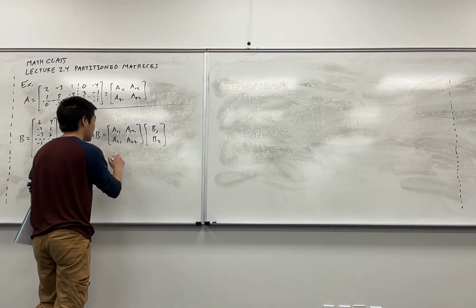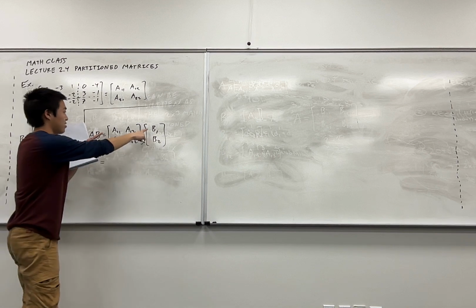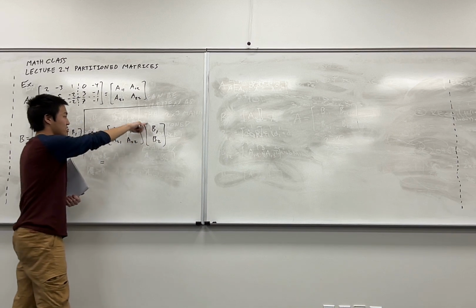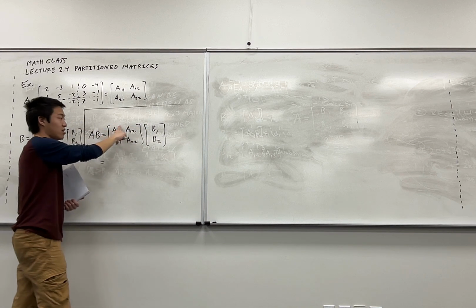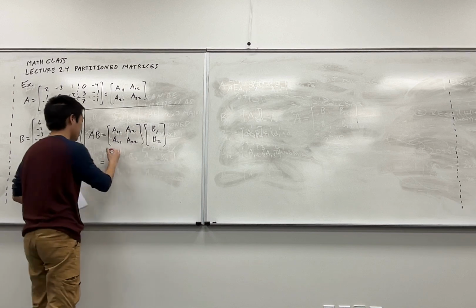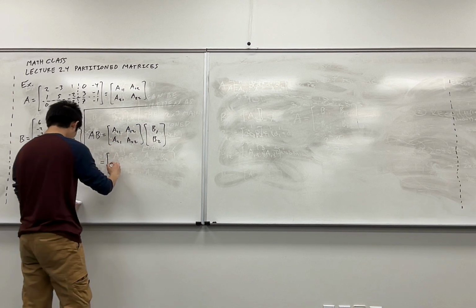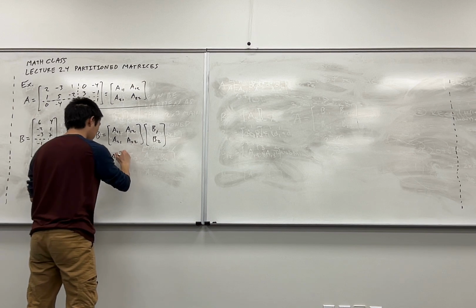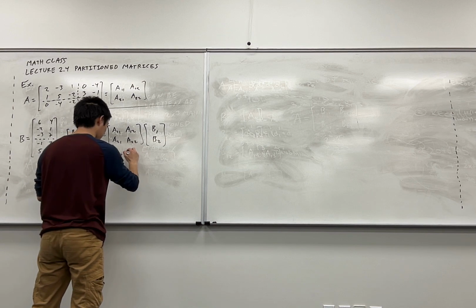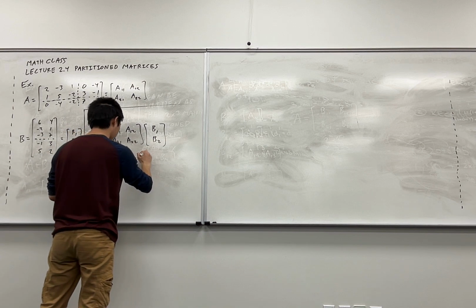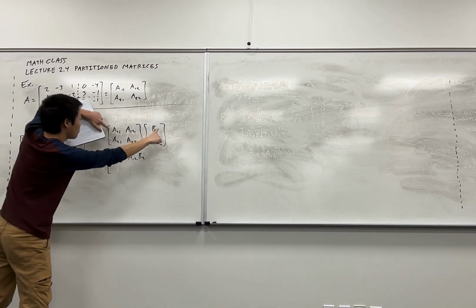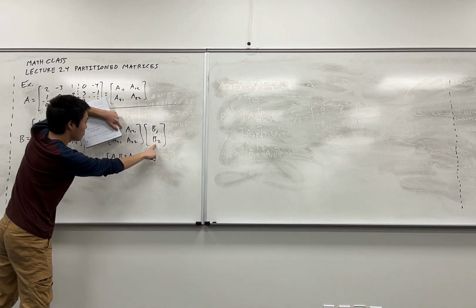And now I can think of this, right? So B1 is going to come down and be multiplied against this column, and B2 is going to be multiplied by this column in these dot products. So we're going to have A11 B1 plus A12 B2.